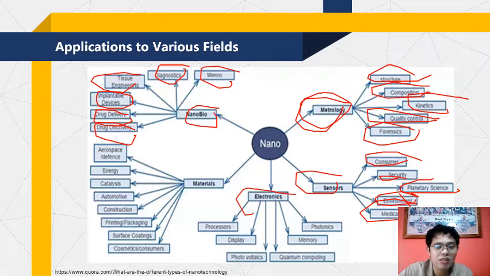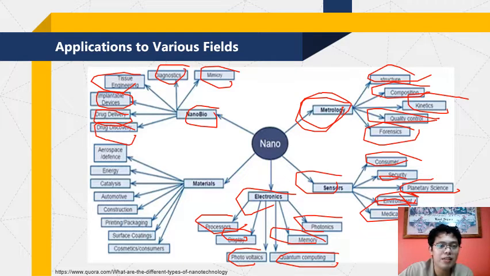For electronics: processors, display, photovoltaics, quantum computing, memory, and photonics. And then for materials: aerospace, defense. There are a lot of nanomaterials utilized, like, for example, the body of an airplane. Most of these bodies are made of nanomaterials, and they should be lightweight and very tactile in strength.